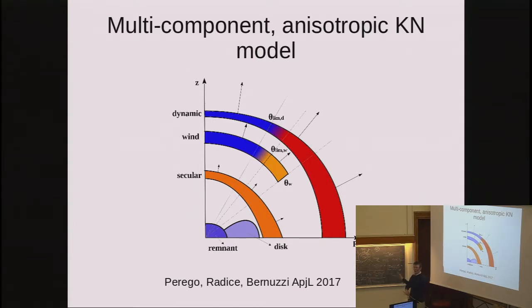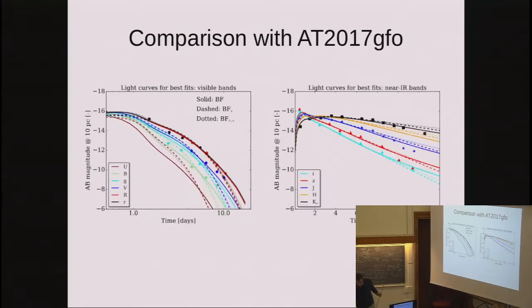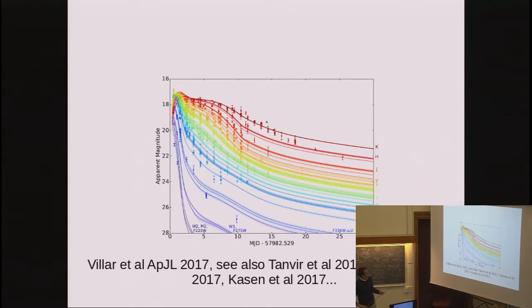That's why it's important to first make a spherically symmetric case, because then you solve a lot of spherically symmetric problems. We did it, and you can see the points and the lines agree quite decently. We were not the only ones doing this job. Of course, there are other people making better figures, I must say, like Villar et al., but also work from Tanvir, Tanaka, and Dankesen, where they also could fit.